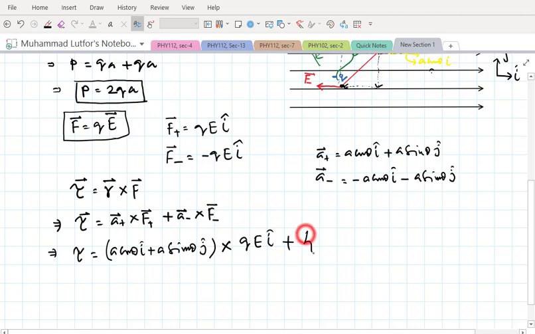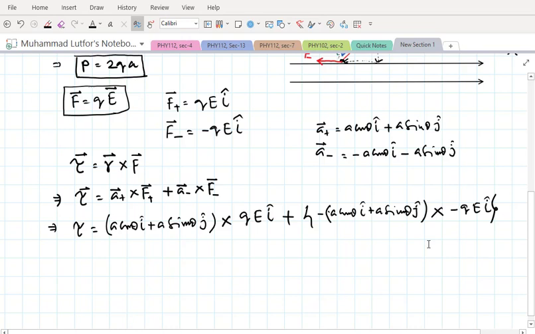There is a minus sign, so that's why I use a curly bracket over here, and I also factor out this minus sign, A cos theta i hat plus A sin theta j hat. This is my A minus vector cross F minus, which is minus Q into E into i hat.